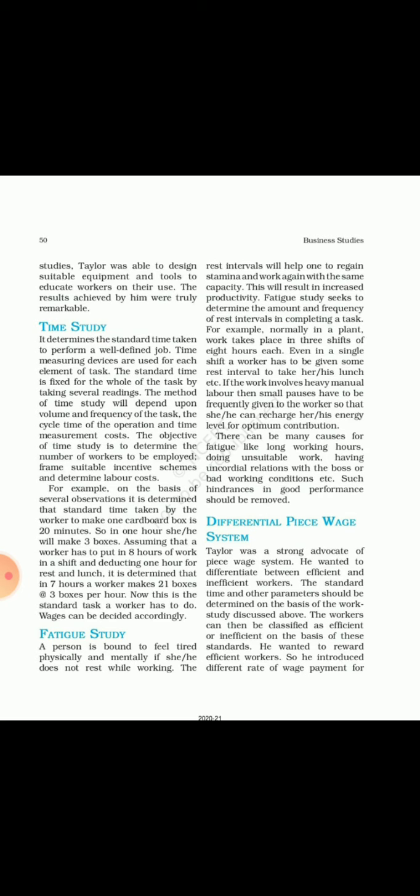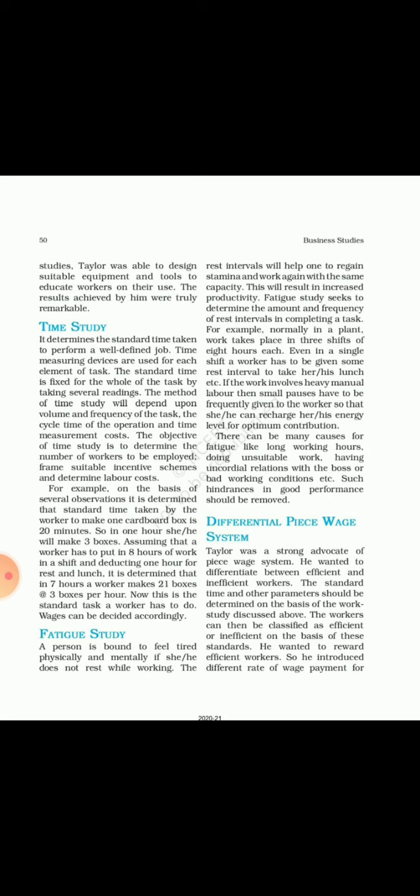For example, if the standard target is 10 units per day and the standard rate is 50 rupees per unit, the worker who produces 10 units is paid 500. If a worker produces 12 units, give him a higher rate, 60 rupees per unit.